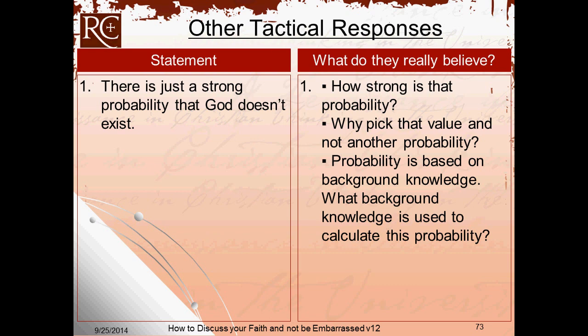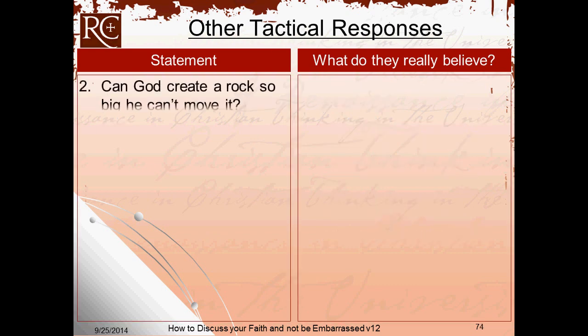Now, if I was a quadriplegic and you heard I hit a hole-in-one, that may have a very low probability. My point is that what you know about my background or the background of the circumstances helps you to understand what that probability is. So probability is based on background knowledge. You ask the question, what background knowledge is used to calculate this probability? Again, digging into the details.